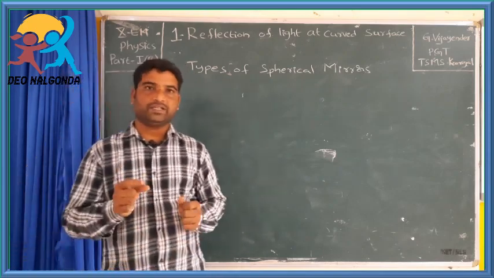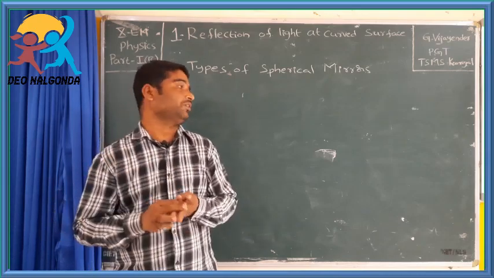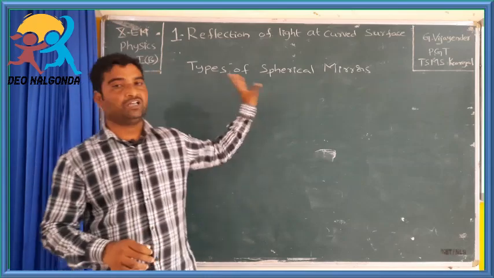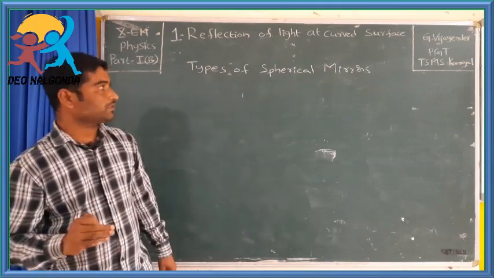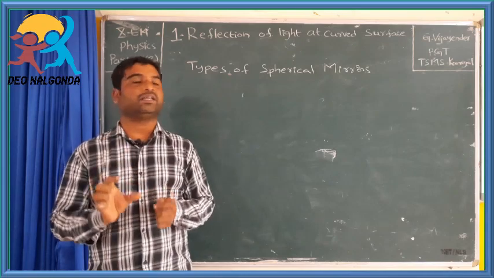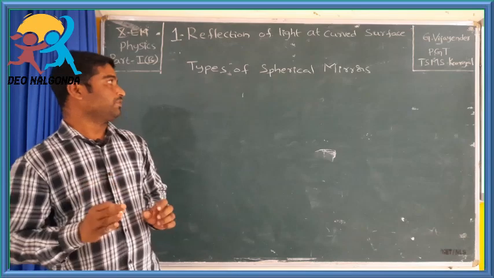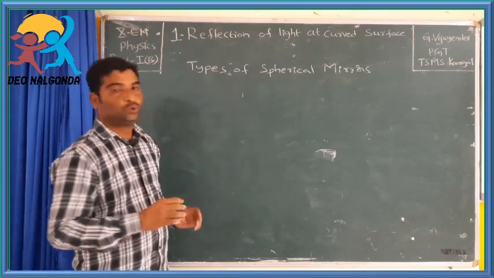A plane mirror has a plane reflecting surface. A spherical mirror has a spherical reflecting surface. Spherical mirrors are again of two types.